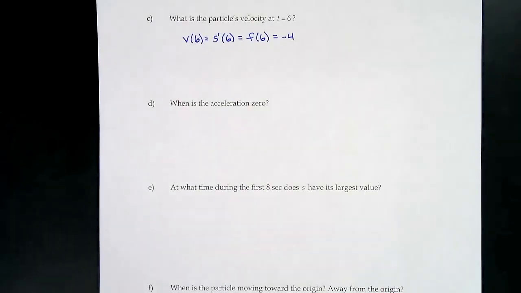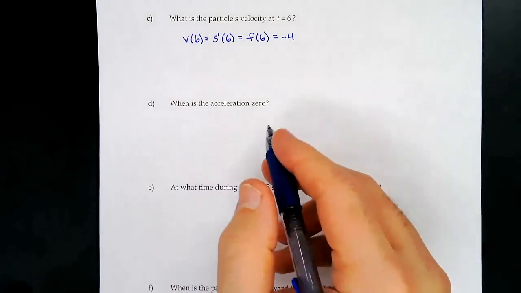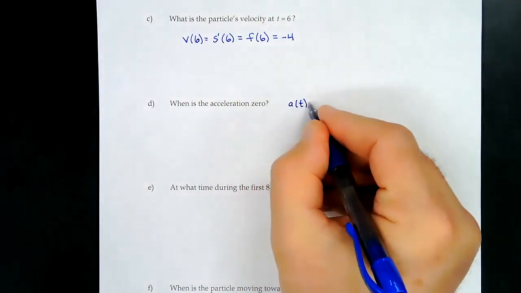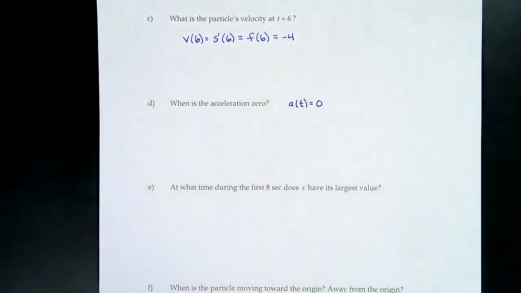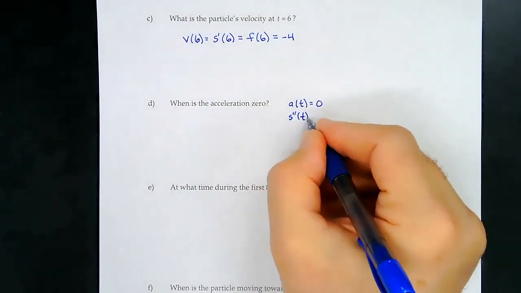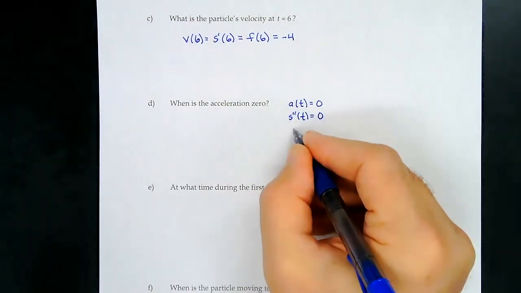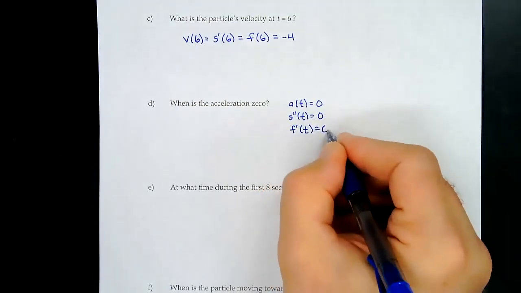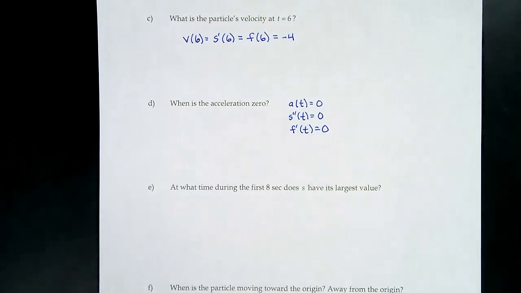This next question is asking, when is the acceleration 0? So that would be a of t equal to 0. Well, how do we know when a of t is equal to 0? That would be when s double prime of t equals 0, or f prime of t is equal to 0. So that's the derivative, right?